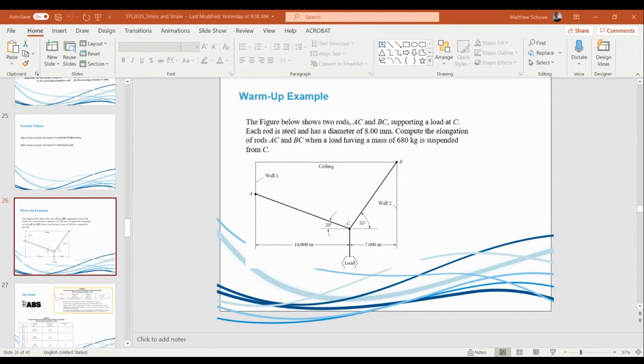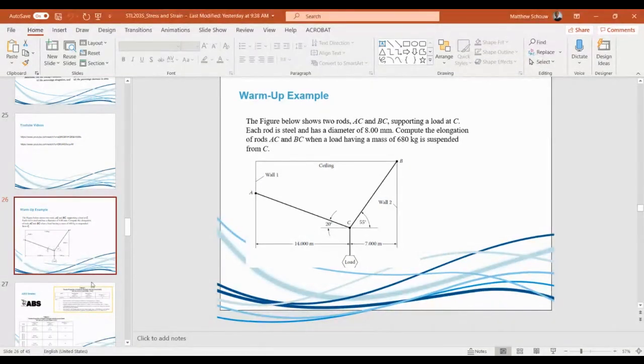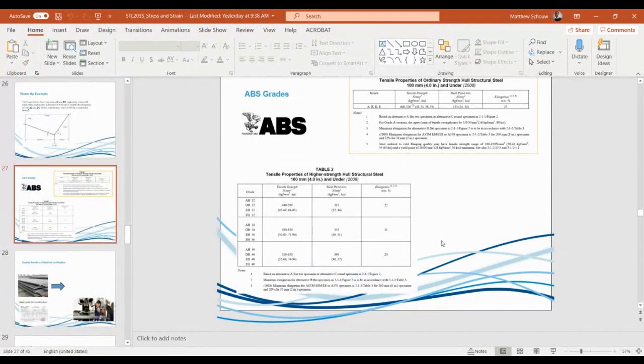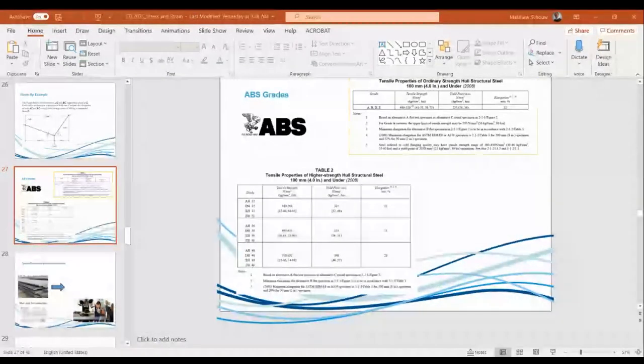Okay, so let's just move on with the lecture, right? So guys, now I've touched on a tensile test, but I'd like to touch on something relevant to you guys who are marine engineers. I want to show you a standard I was working with during the time with the specific company I was working with.